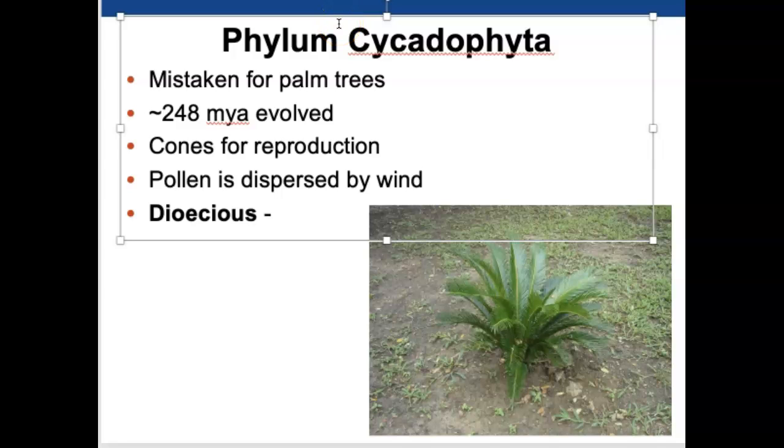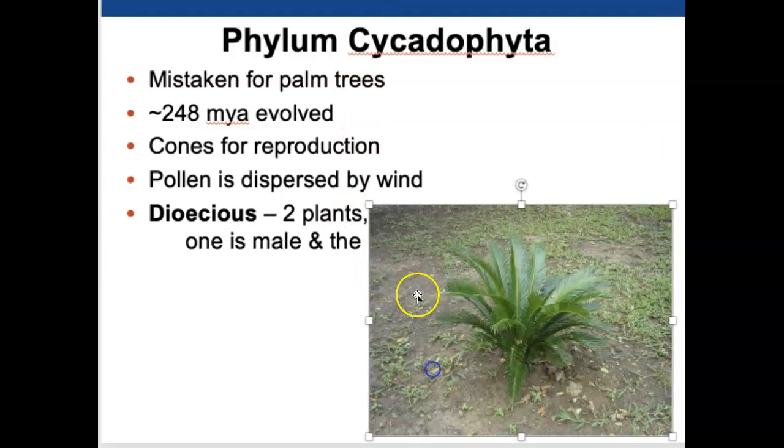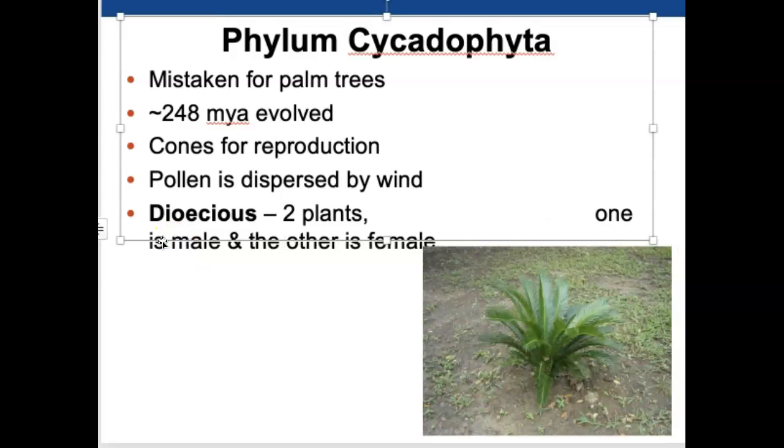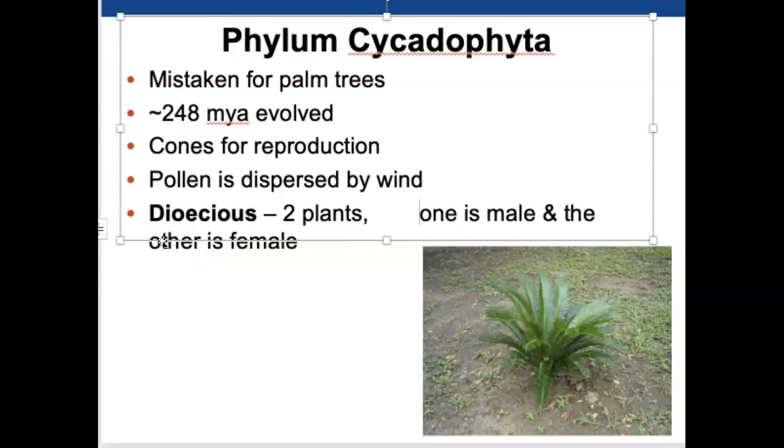So what this means is you have two plants, one is male and the other is female. So monoecious, you have both male and female structures on the same plant.